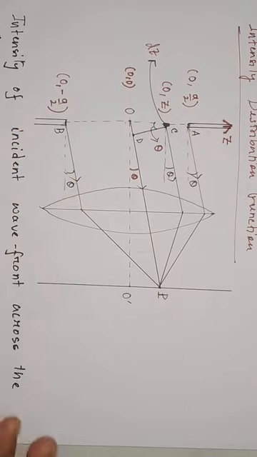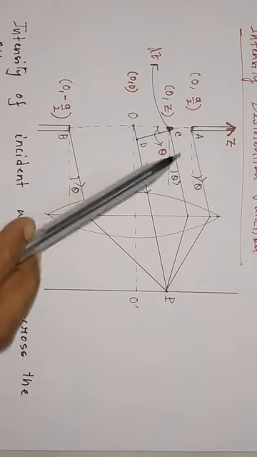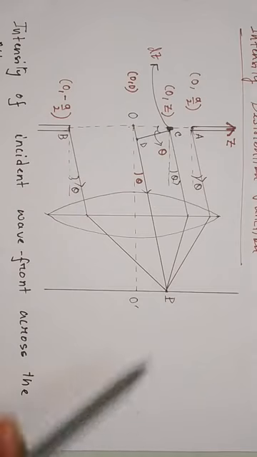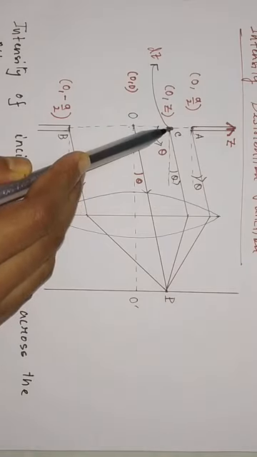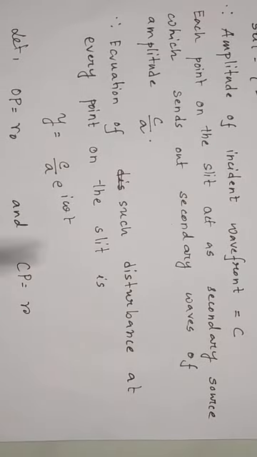So OP is R0, CP is R, and dz is the elementary length at C. The disturbance at every point on the slit is given by y equals c by a e to the power i omega t, so the disturbance which starts out from C also obeys this equation.